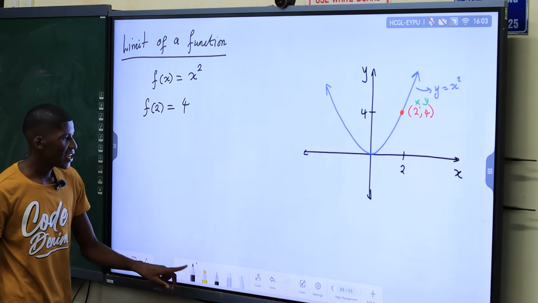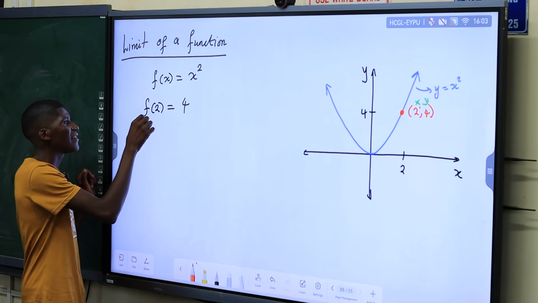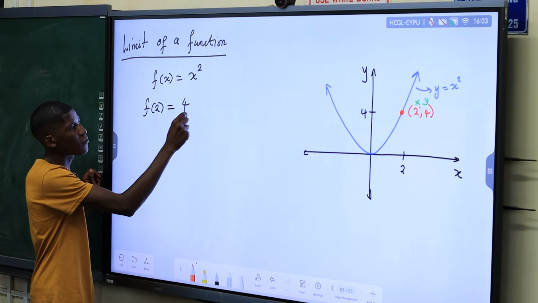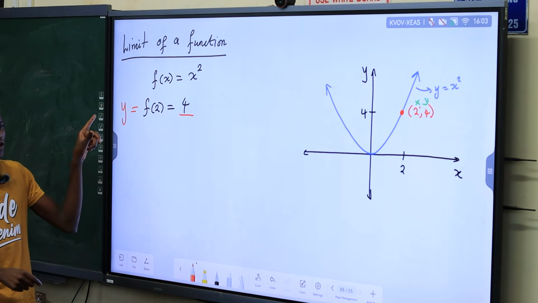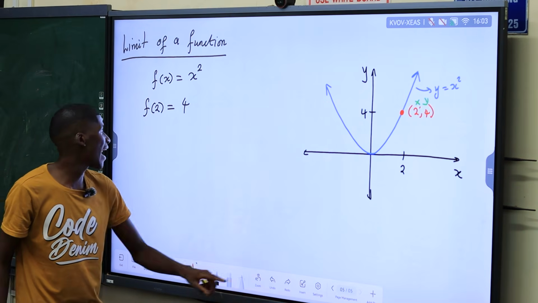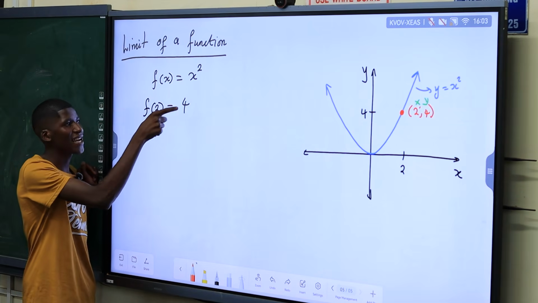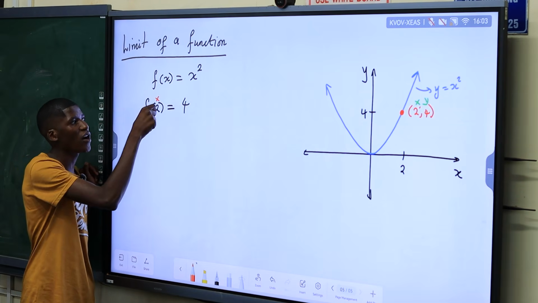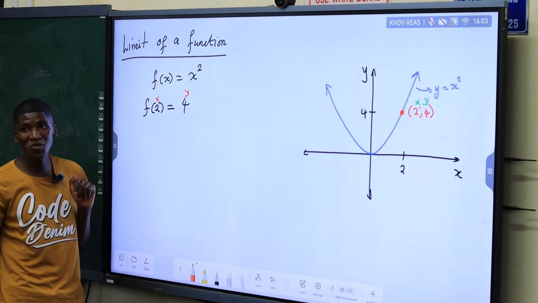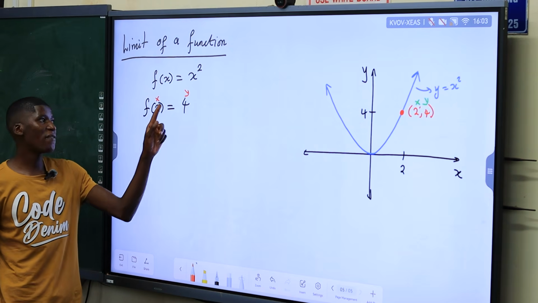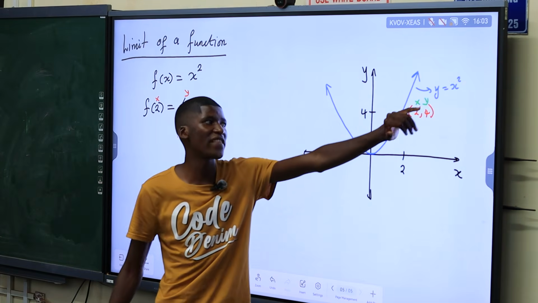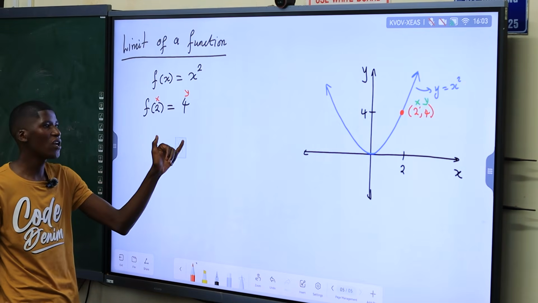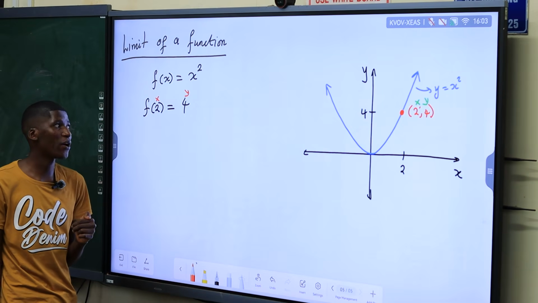What does this mean? It means the output value, the y value that I'm going to get, because remember the output of the function is the y. So in other words, the y value that I get when I put x equal to 2 is going to be 4. The y value obtained when x is equal to 2 using this rule of the equation gives me 4.